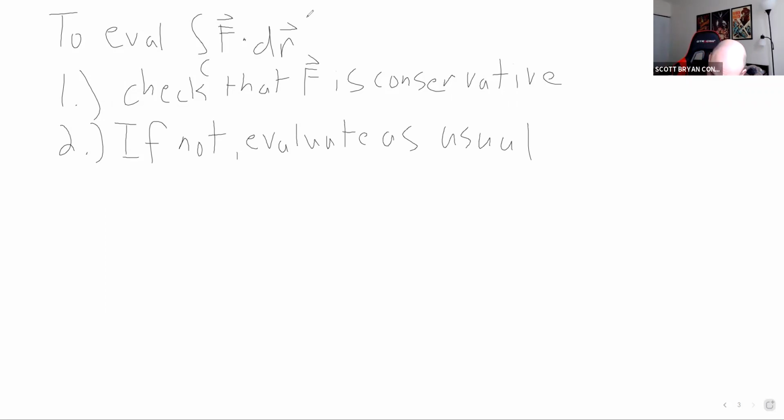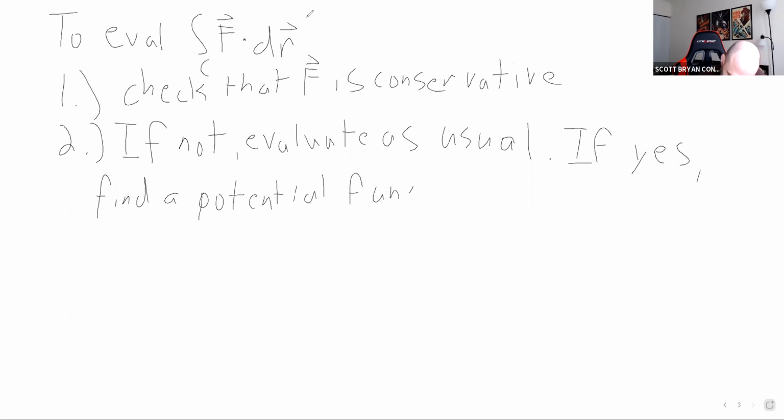But if it is conservative, then we need to find a potential function, little f. And that's what we're going to talk about in just a sec.